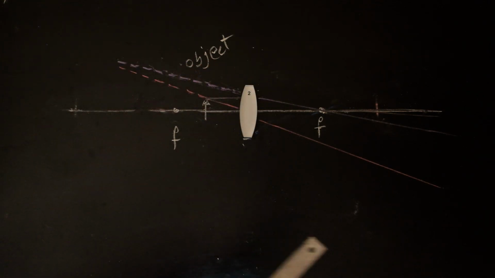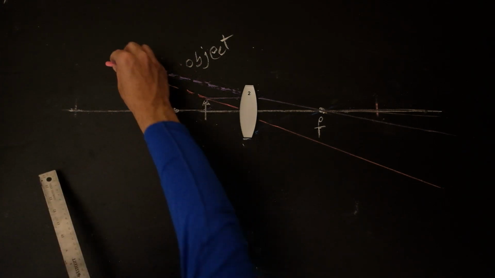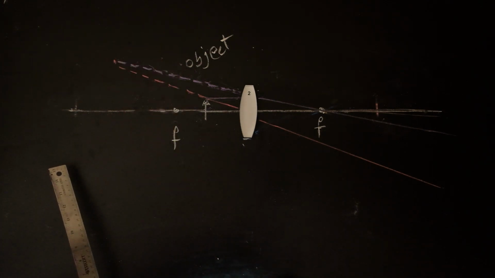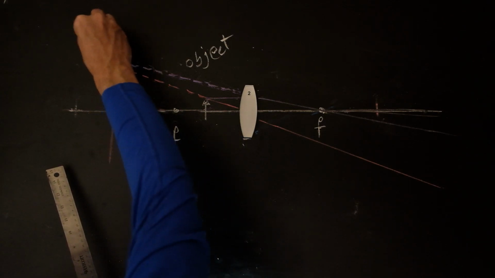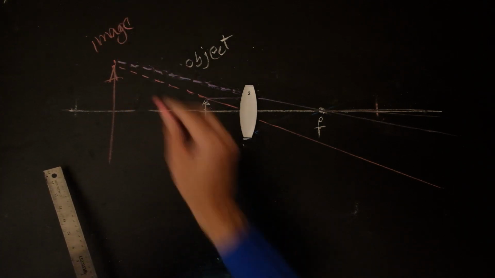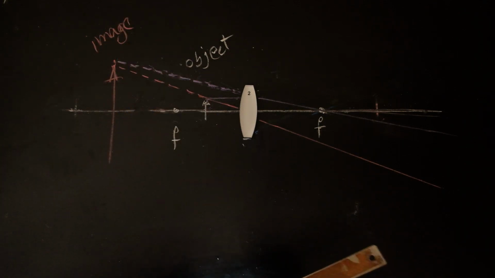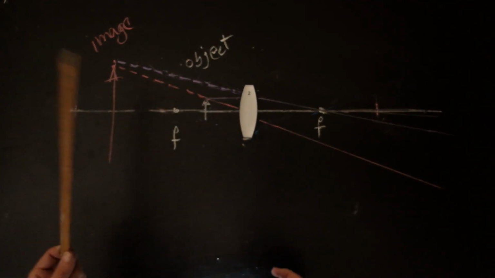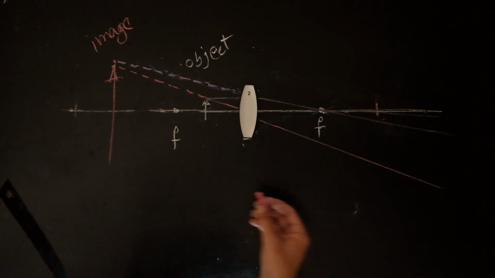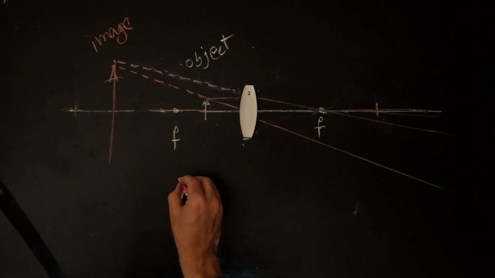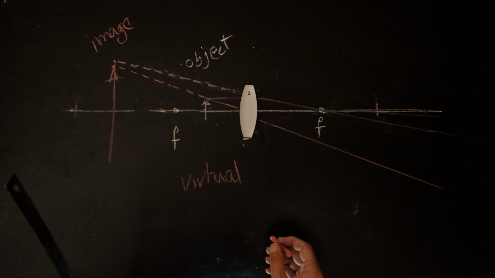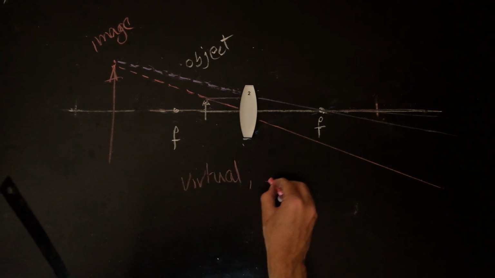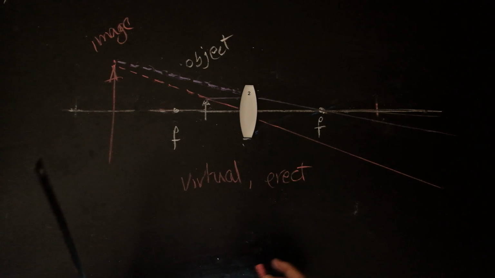Okay, so it looks like the image on this side. So our final image will be like this. Okay, but this is not real. This kind of image is called virtual. So this image is virtual, and it's erect.